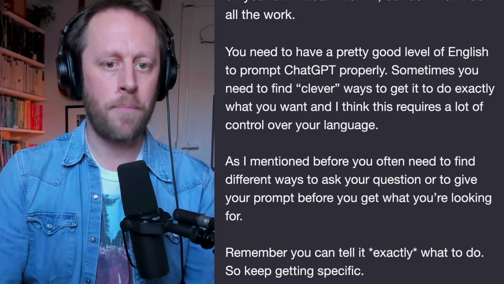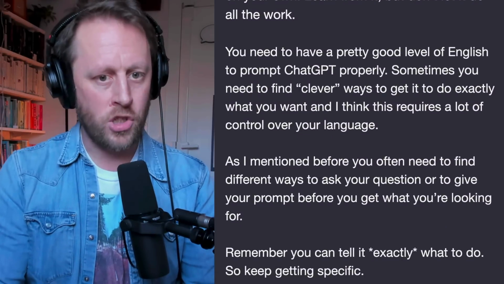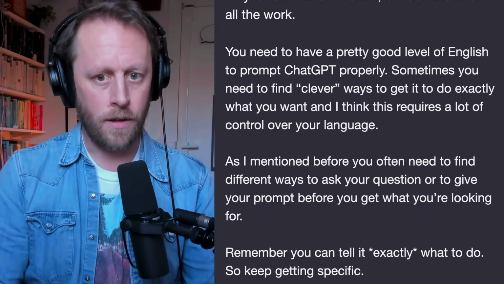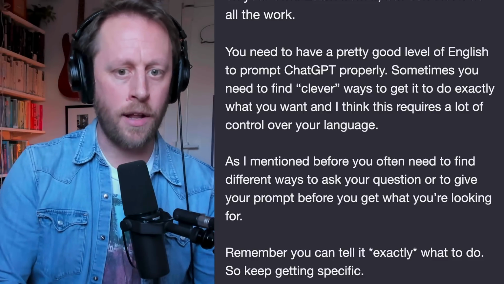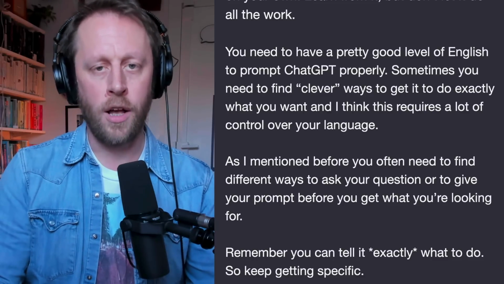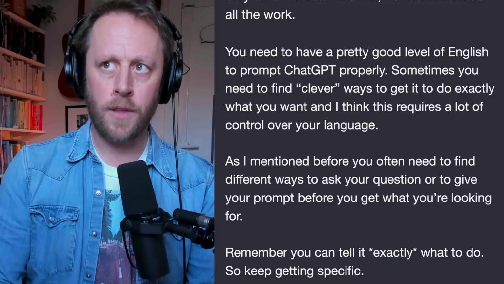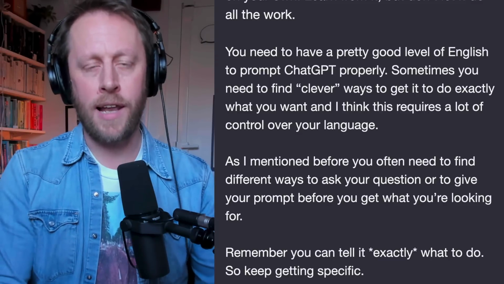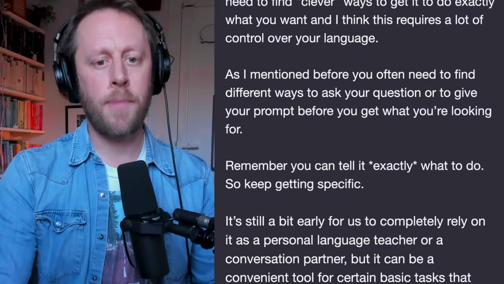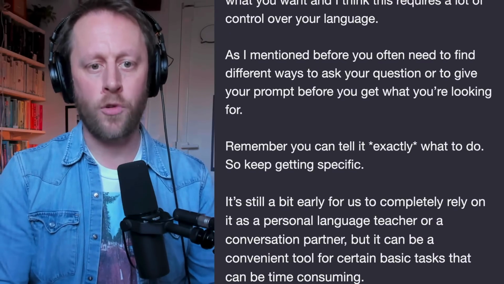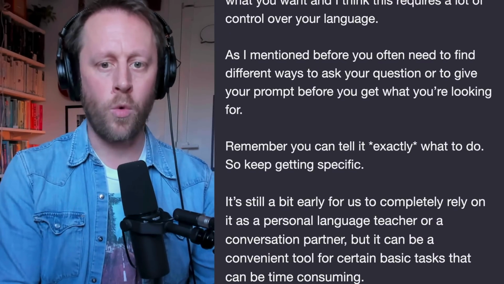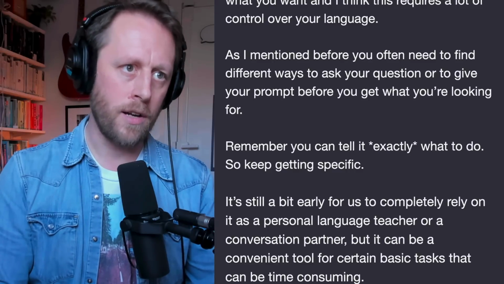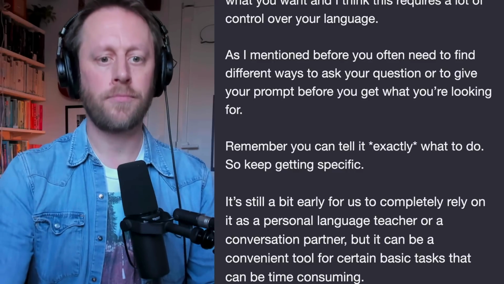You need to have a pretty good level of English to prompt ChatGPT properly. Sometimes you need to find clever ways to get it to do exactly what you want, and I think this requires a lot of control over your language, so that might make it difficult for lower level learners. As I mentioned before, you often need to find different ways to ask your question or to give your prompt before you get what you're looking for, so you do need to try and try again.